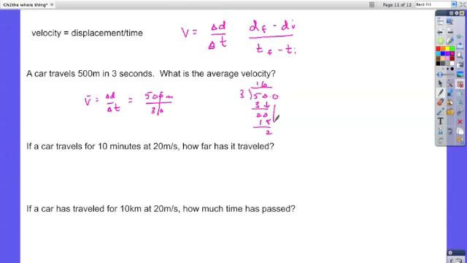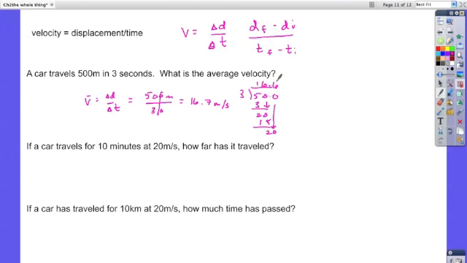I feel a repeating decimal coming on. Okay, so my answer for average velocity is 16.7 meters per second. And you had a long division lesson right in the middle of it.